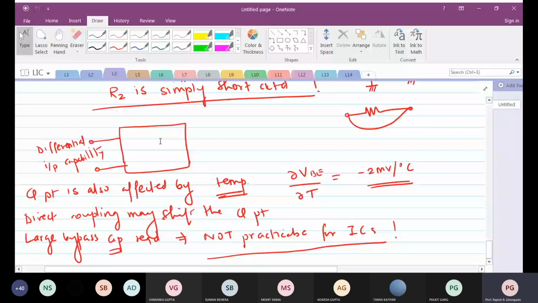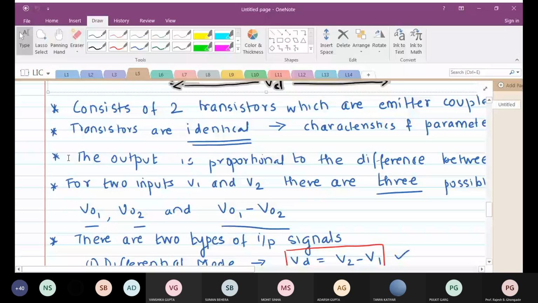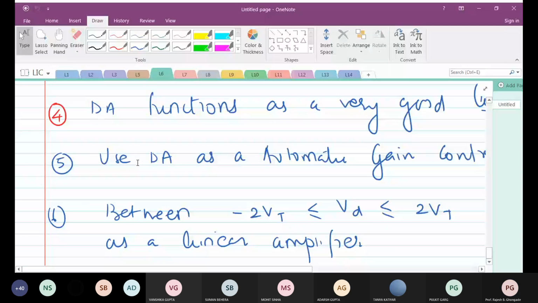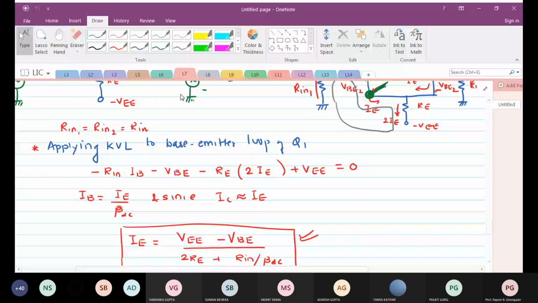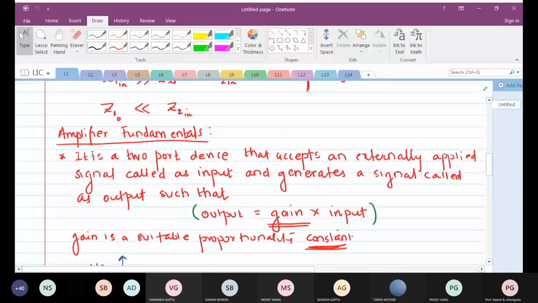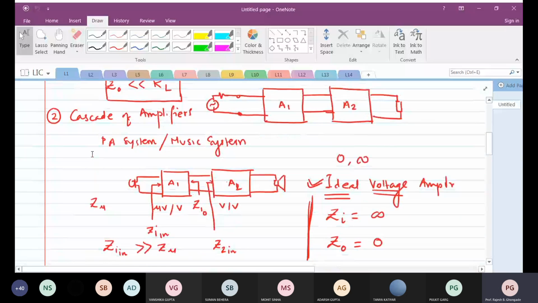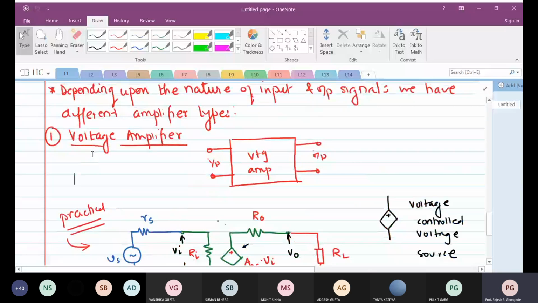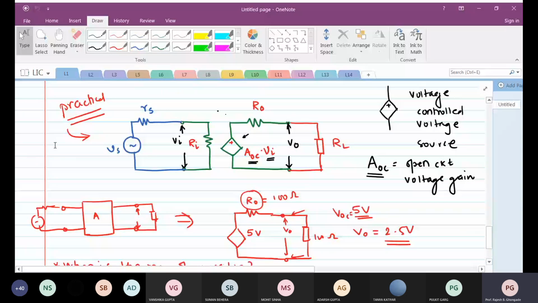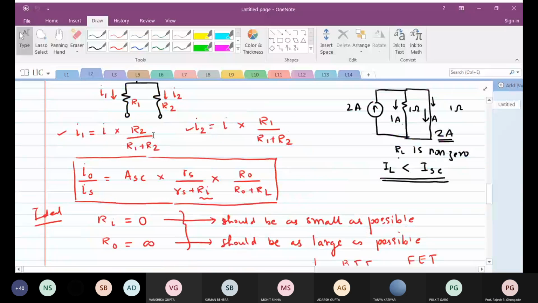This shows differential amplifier. Should be in the first few lectures, I guess. Concept of system. I think we have done that somewhere. I don't remember where.